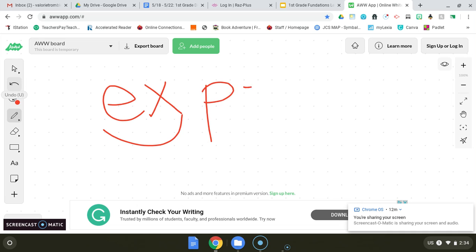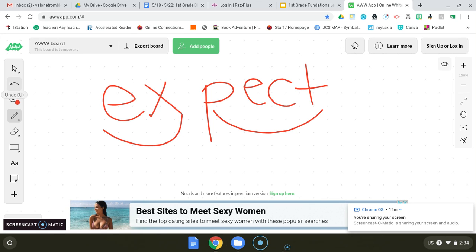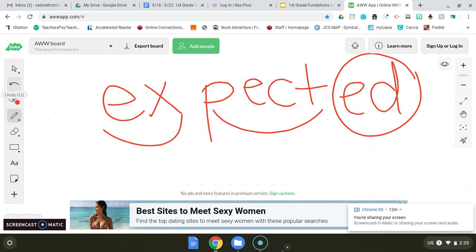I'm going to go ahead and write my second syllable. So I've got expect, and then I need to make it expected. What suffix am I going to add? I'm going to add ed to the end. Expected. Of course, you can mark everything else in these words too. These are short vowels and closed syllables. That's totally fine.